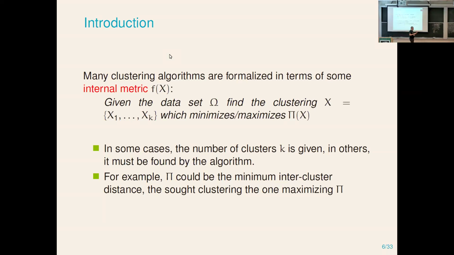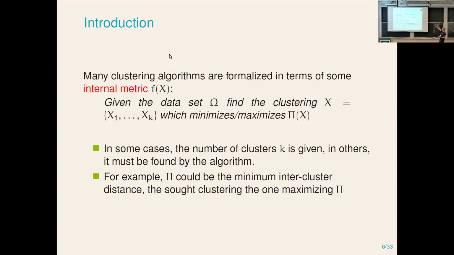And the clustering algorithms are trying, in a sense, to optimize that measure, right? So you can formalize most clustering algorithms like this: you are given the data set, maybe you are given also the number of clusters, the K, maybe not, but it depends. But the thing is that you want to find the clustering that for this data set will maximize or will minimize my criteria pi of x.